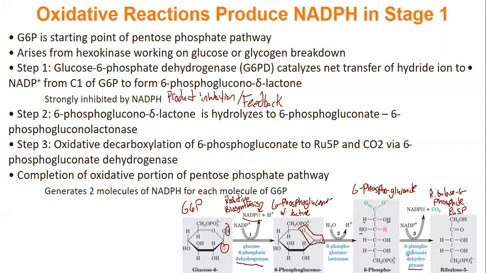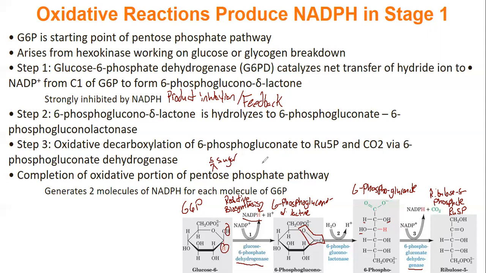So we're taking our 6-carbon sugar and making it a 5-carbon sugar, ribulose 5-phosphate. That's why this is called the pentose phosphate pathway. The pentose comes from 5 sugars, so that's the number 5. The phosphate is because we have a phosphate along those sugars, so pentose phosphate pathway.